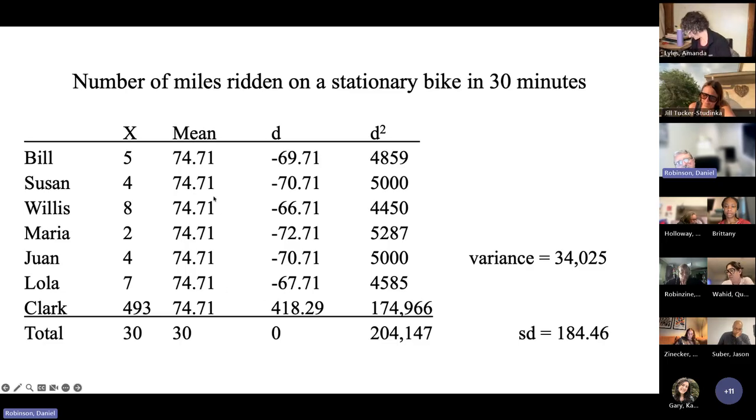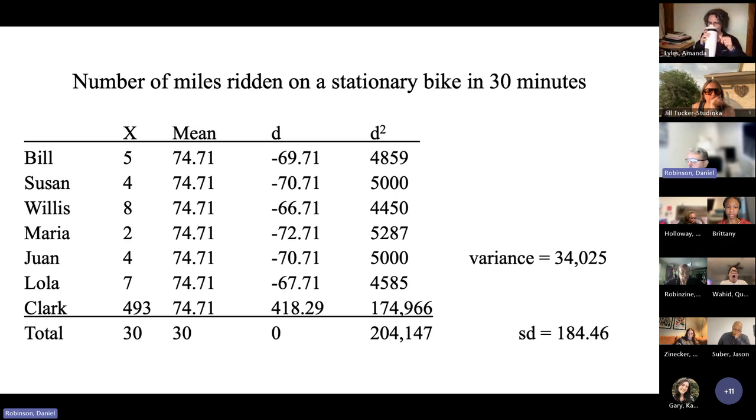For one thing, it takes the mean and makes it 74.71. And if you're looking for the mean as a measure of central tendency to describe the typical score in my data set, well, having an extreme score really screws things up because 74 miles in 30 minutes doesn't do a very good job of describing your typical student, right?